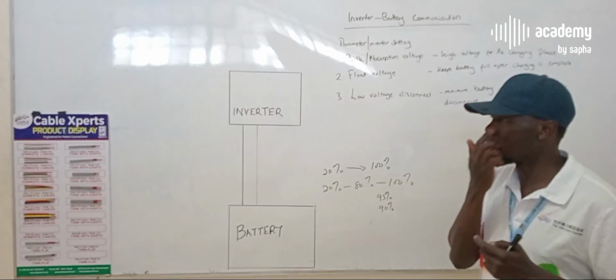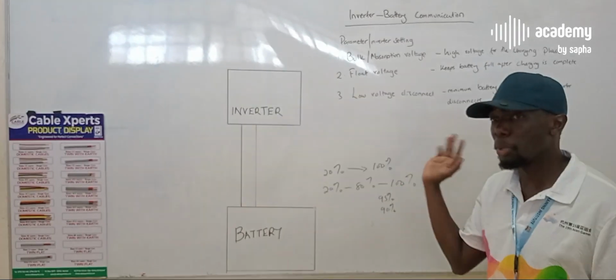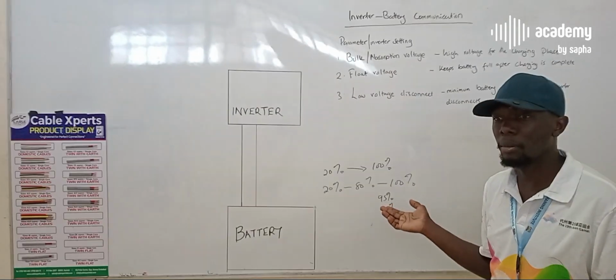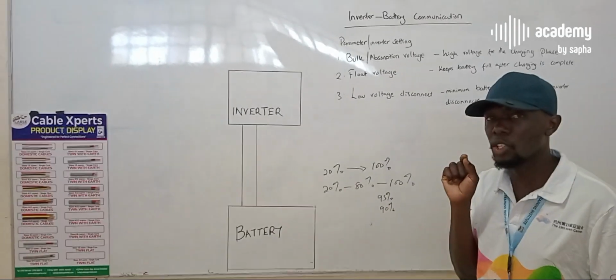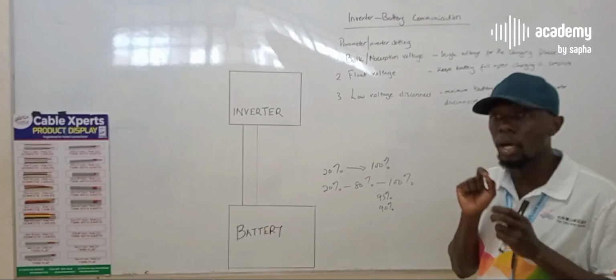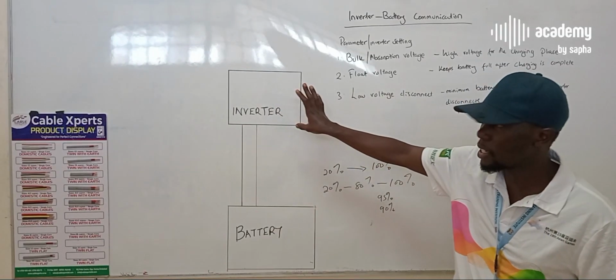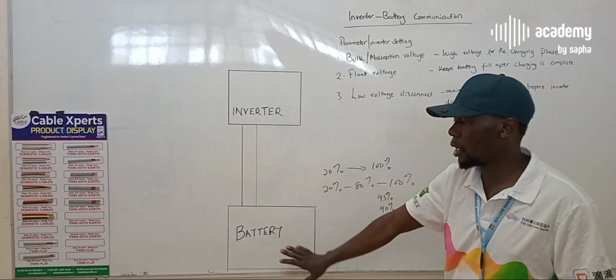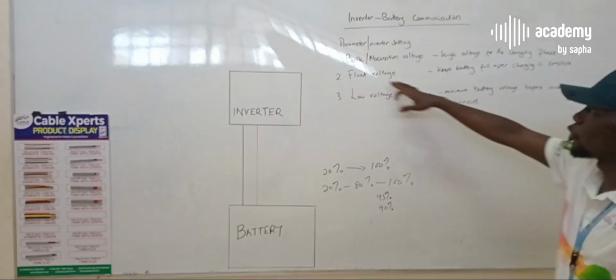So if there's enough sun and there's no load, and depending on various other parameters, the inverter will keep pushing a very small amount of voltage, probably in single bursts or in a continuous burst. It depends on the design of the inverter, the manufacturer, and the battery. And that is called the float voltage.